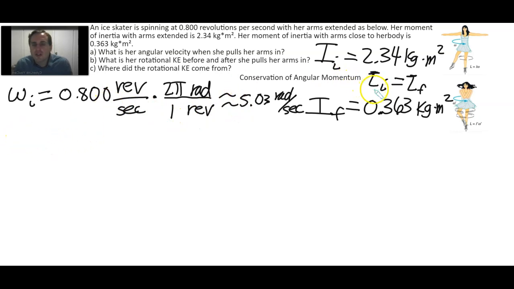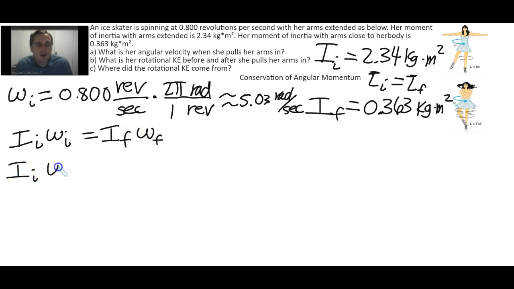So rotational inertia times angular velocity is angular momentum. So let's put I subscript i omega subscript i equals I final omega final. And we could solve this for omega final. By division, I initial omega initial over I final is equal to omega final.